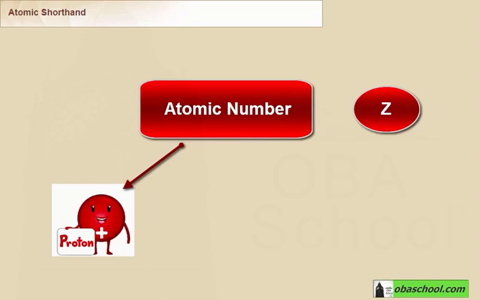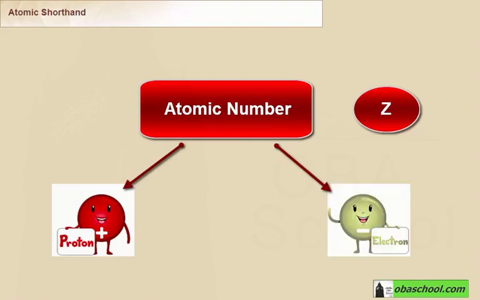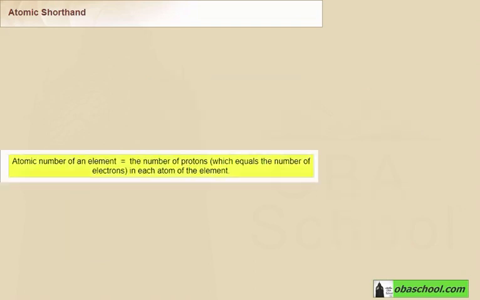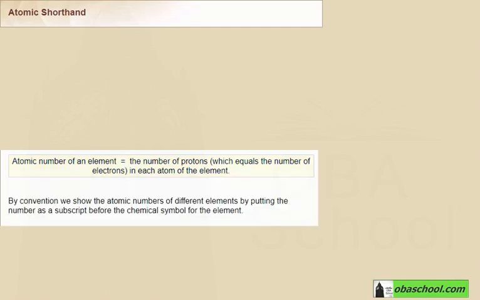In other words, the atomic number of an element indicates also the number of electrons in an electrically neutral atom. So the atomic number of an element will be equal to the number of protons, which equals the number of electrons as well in each atom of the element.